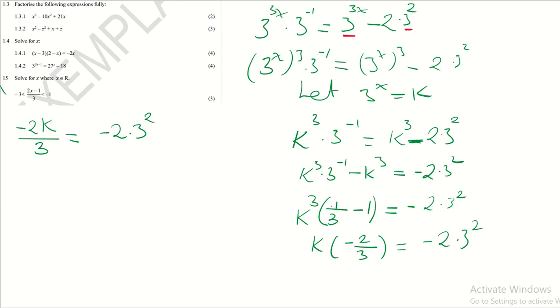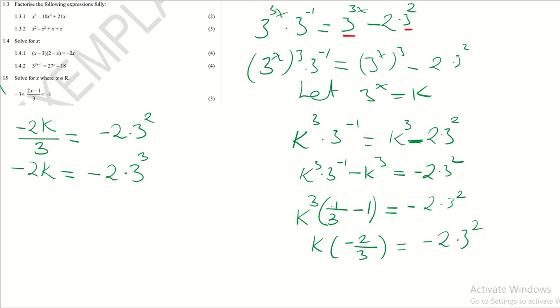So by cross multiplying, I get negative 2a equal to negative 2 times 3 cubed.